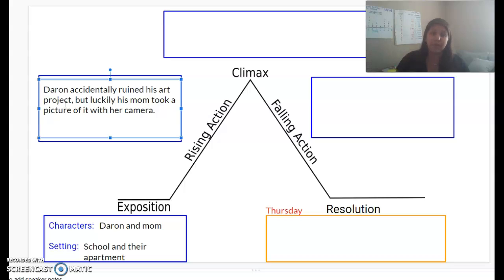If you didn't, go ahead and read it today or reread it so you can figure out the climax. The climax is the oh my god that happened in the story. So what happened when Darren got out of school and the mom said, oh no, I know you want to show your dad your project, but, and so that problem is going to go right here in the climax, okay?